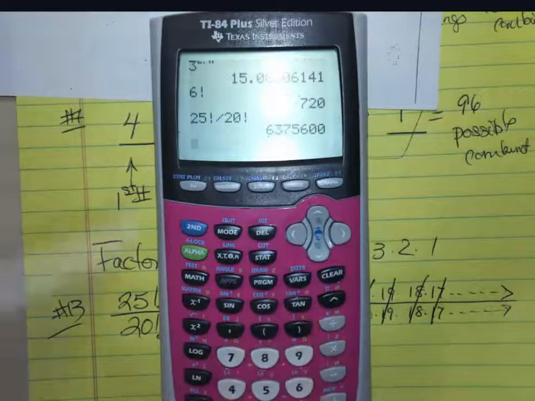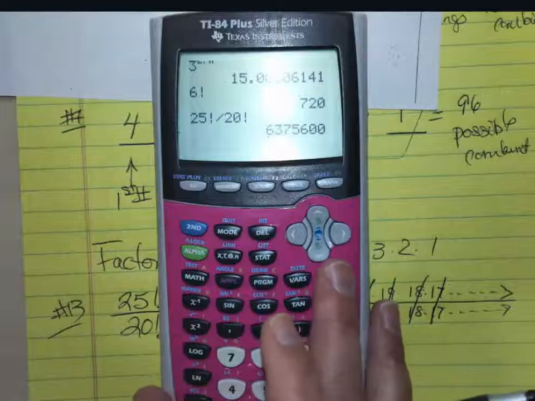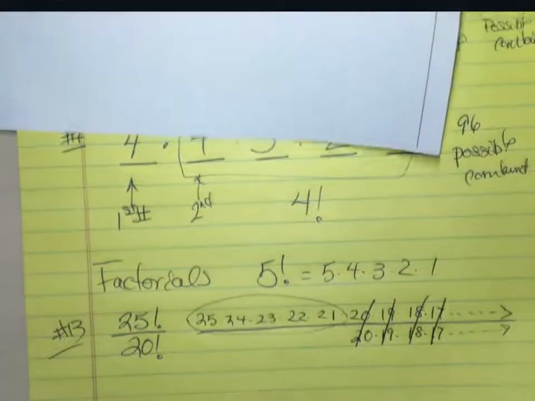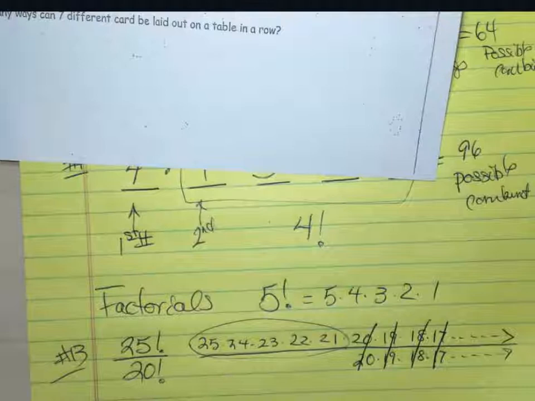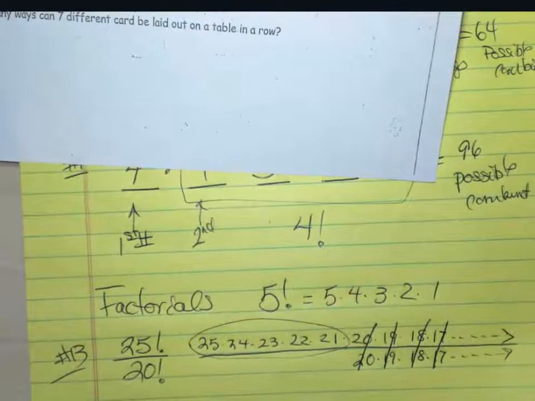Oh, it did do it for us. So it looks like we'd end up with 6,375,600. Okay. And that pretty much covers fundamental counting principle and factorials.